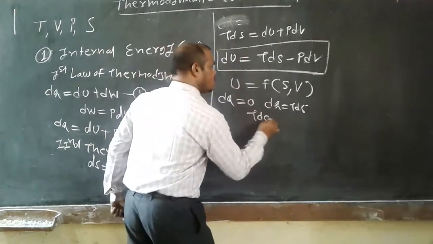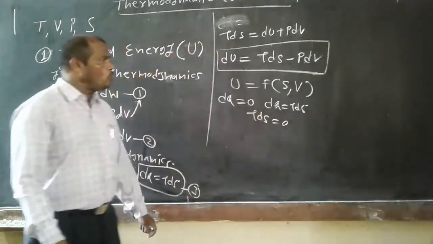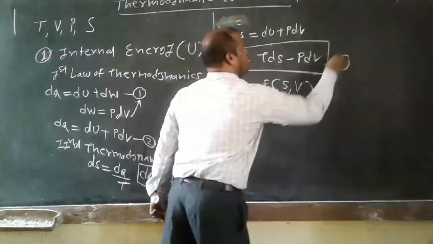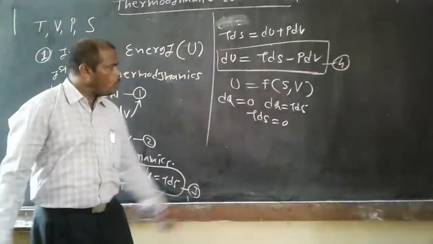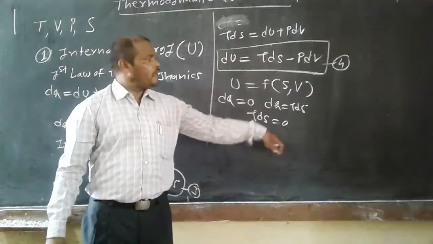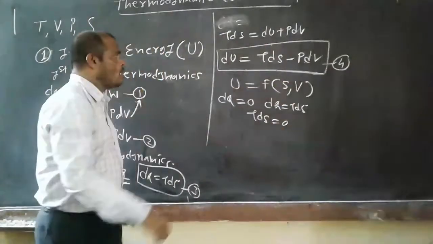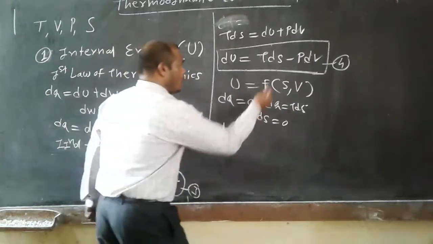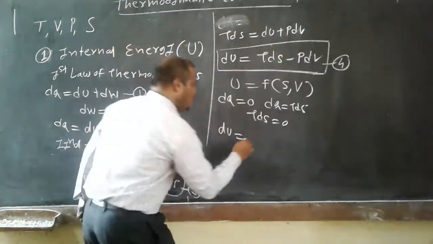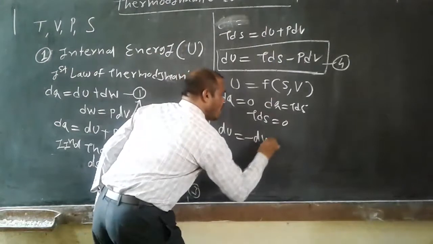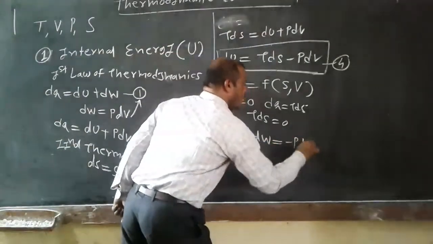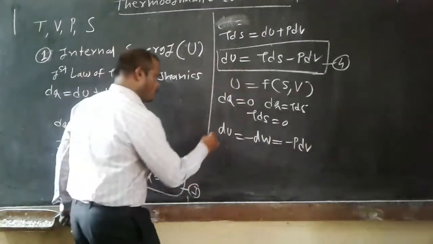So TdS also becomes equal to 0, and suppose that this is equation 4. Putting the value of TdS in the equation, we get dU equal to 0 minus PdV. So dU is equal to minus dW, that is equal to minus PdV.